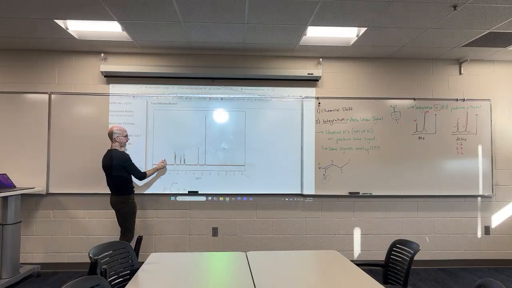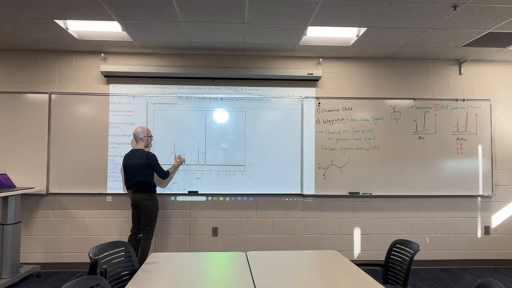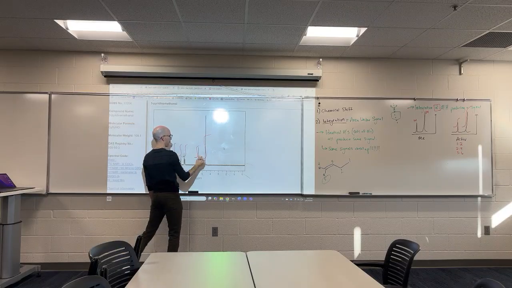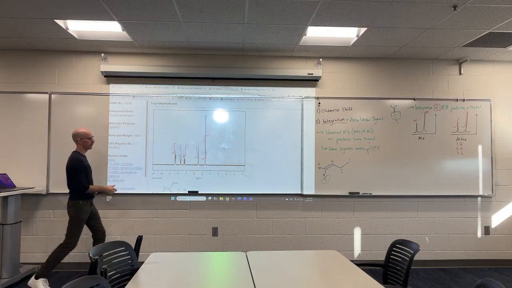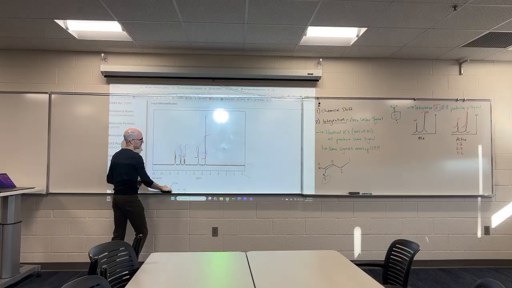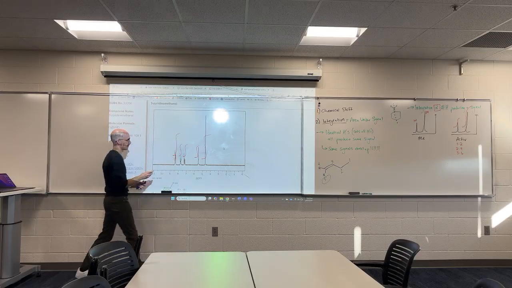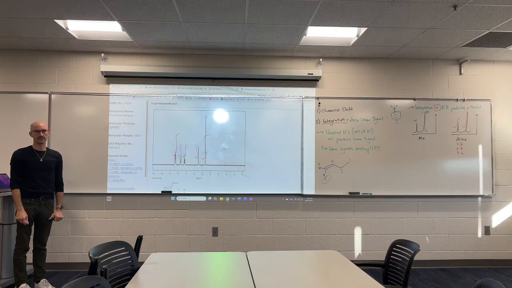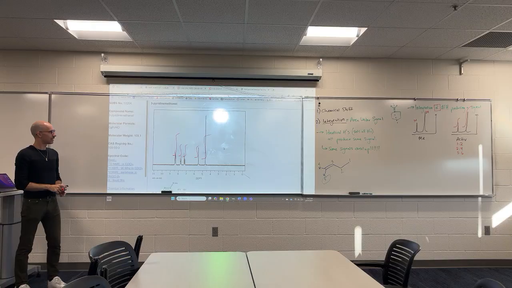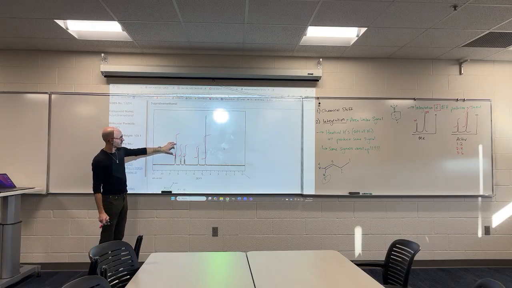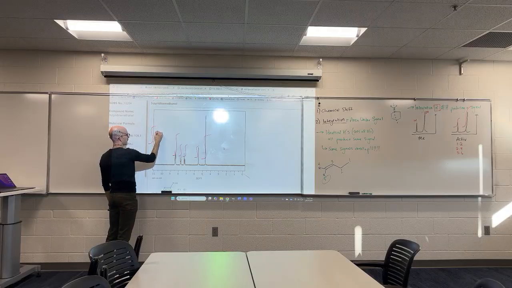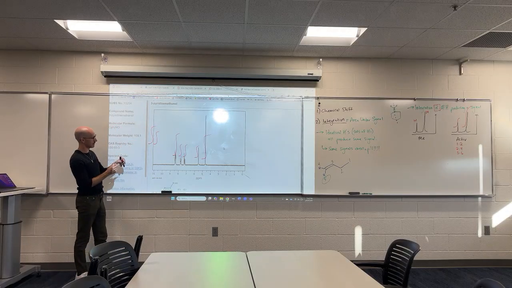So if we were looking, again, with ChemDraw on this, oh, I made a mistake, yeah? This is what the integrations would look like. It tells us each individual signal just by height. It's not quite a 2 to 3 ratio, because a 2 to 3 ratio would look more like this.